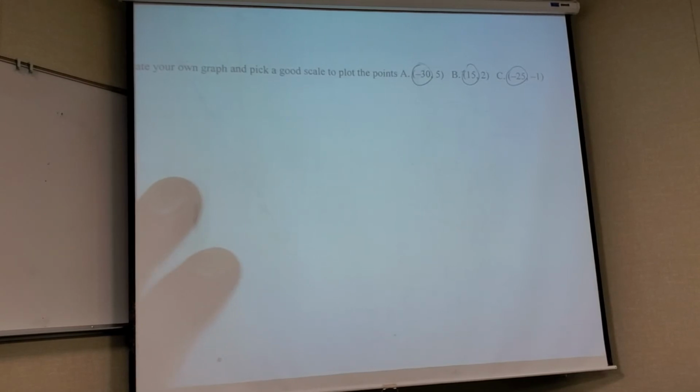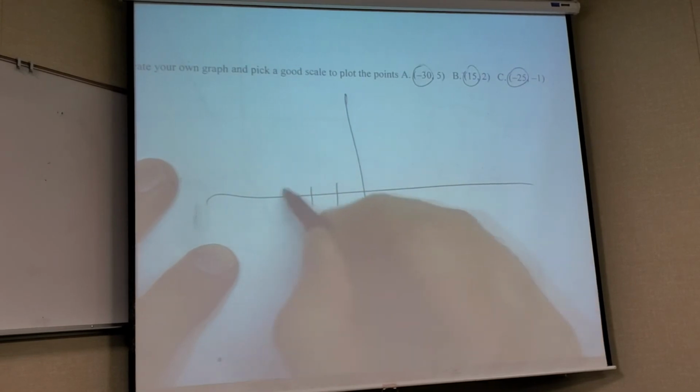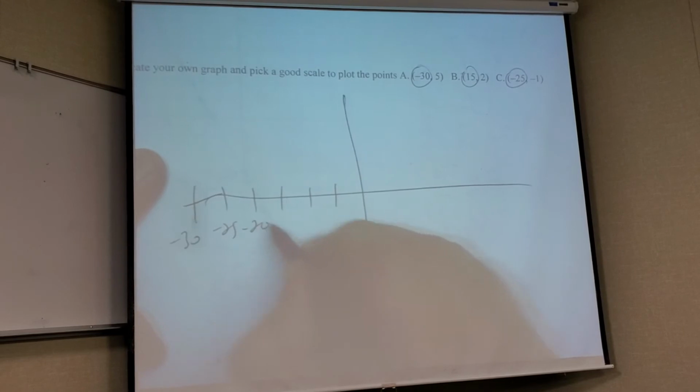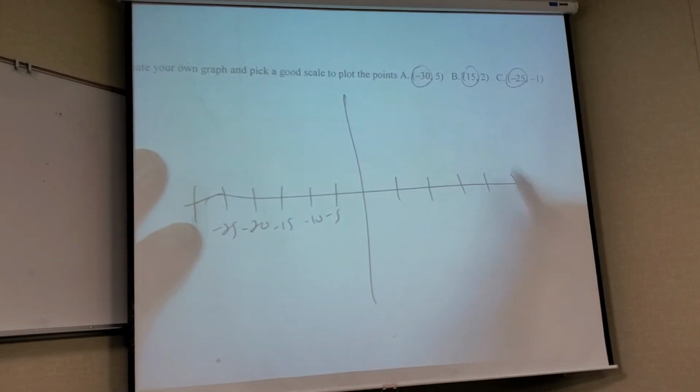I don't want to use 1s, do I? Do you want to go up to 30, -30 with 1 tick mark? 1, 2, 3, 4, 5, 6. I don't want to see that, right? So I can pick an appropriate scale for each axis. So for the x-axis, I definitely want to use 5s. 5, 10, 15, 20, 25, 30.